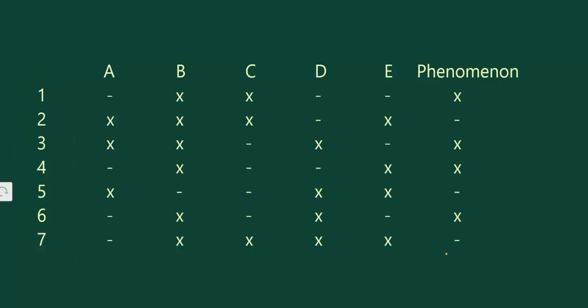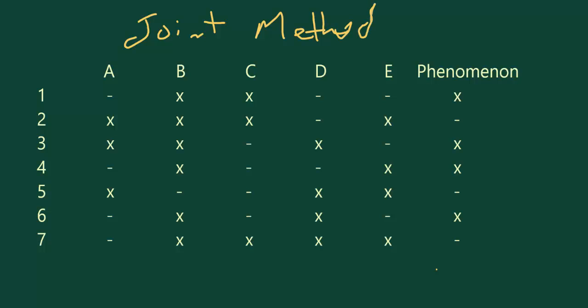And in the joint method, what we're hoping to find is a necessary and sufficient condition for the phenomenon.